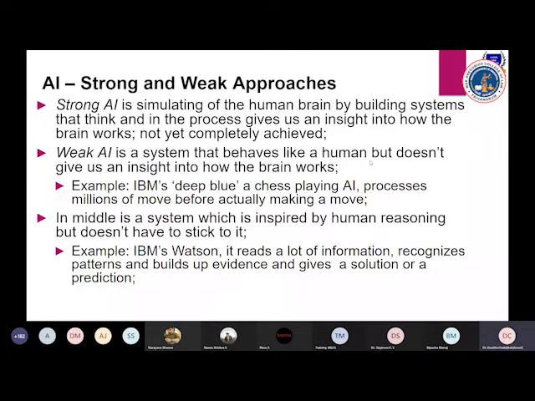Now, in the middle of strong AI and weak AI, there is a middle system which is basically inspired by human reasoning. One of them is IBM's Watson. It reads a lot of information, recognizes patterns, builds up evidence and gives a solution or a prediction. One example where IBM Watson has made a major change in the US is the traffic light system. You might have seen 16 wheelers and 18 wheelers running through the highways. In the 16 wheelers, the fuel consumption is very high.